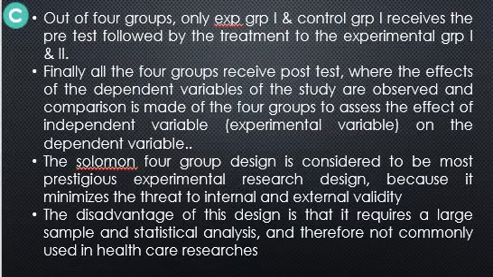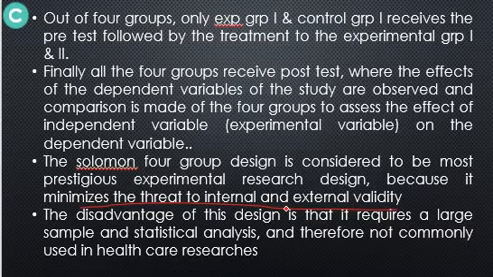The Solomon four-group design is considered the most prestigious experimental research design because it minimizes the threat to internal and external validity, and the design effectively prevents the reactive effect of the pretest. Any difference between the experimental and control groups can be more confidently attributed to the experimental treatment.